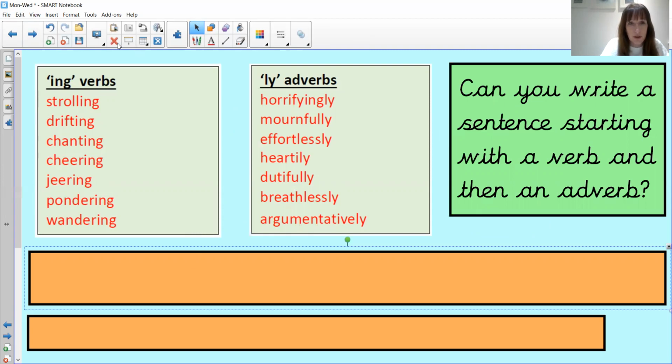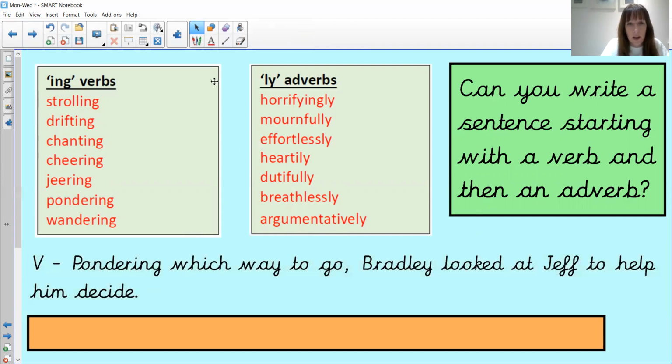I'll show you what I wrote for my verb. Pondering which way to go, Bradley looked at Jeff to help him decide. All right, so I've used pondering and my comma has gone because that's the subordinate clause. It's gone at the end of that.